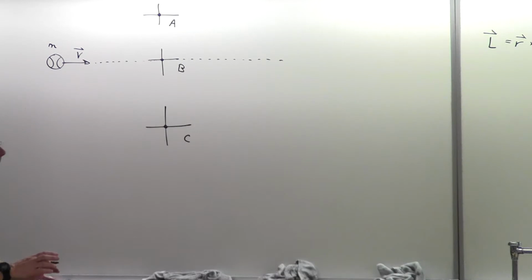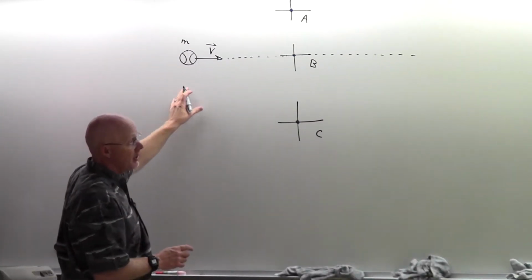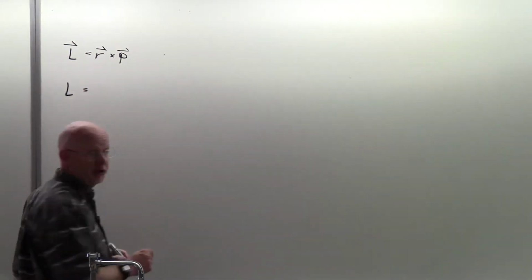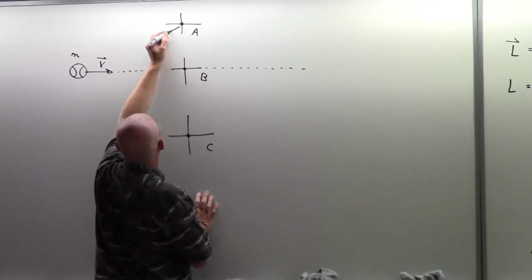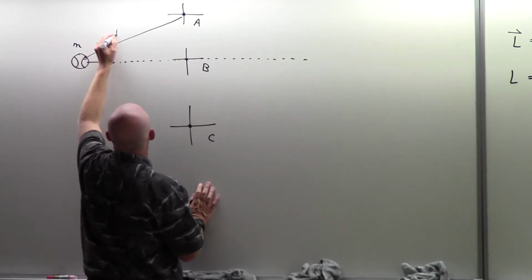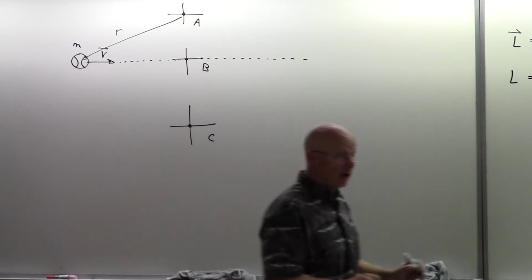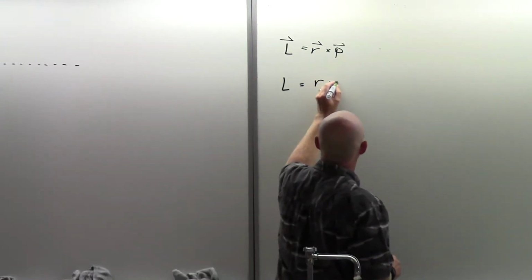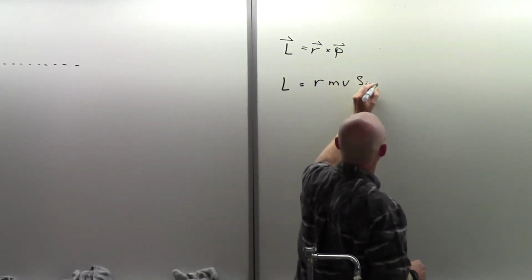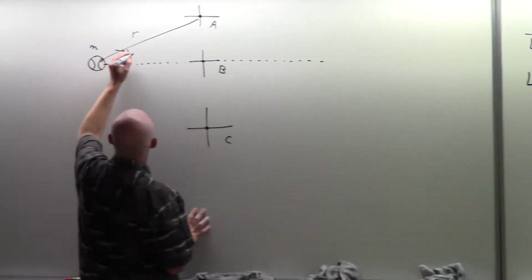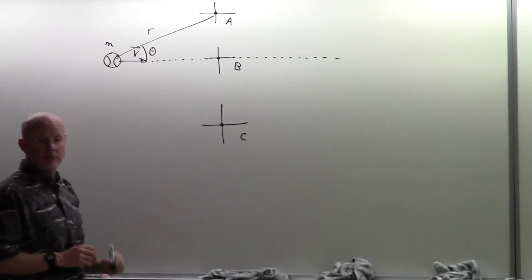Let's do A first. When the ball is right here, and I go to calculate the angular momentum, and I'll just do magnitude first, what would R be? Well, I guess R would be from the place I'm going to calculate it to the ball. There's R. Fair enough? And so I'll put an R. The momentum is mv, and the angle would, I guess, be that angle in between.